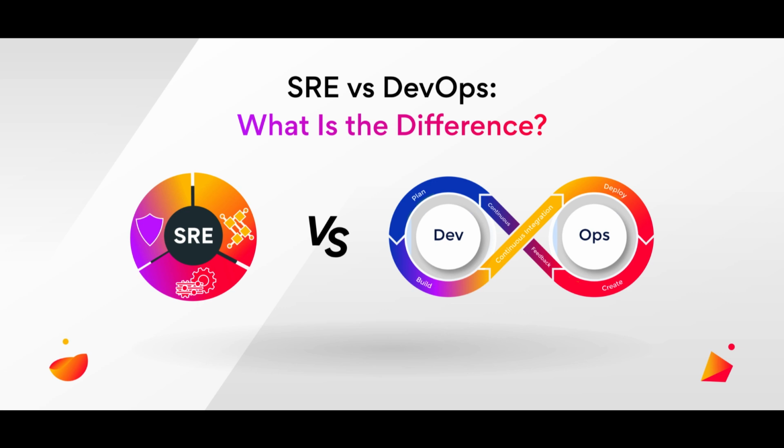When it comes to blue-green deployment, in this approach two identical production environments are set up. One is active, the green one, and the other is inactive, the blue one. Any updates or changes are made to the inactive environment and thoroughly tested before switching the traffic to the updated environment.